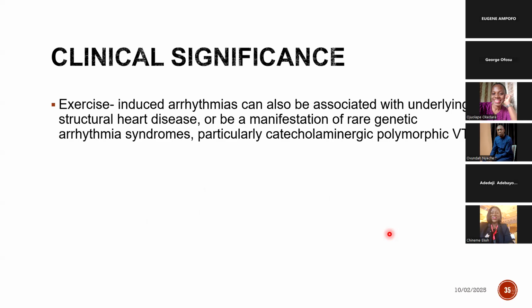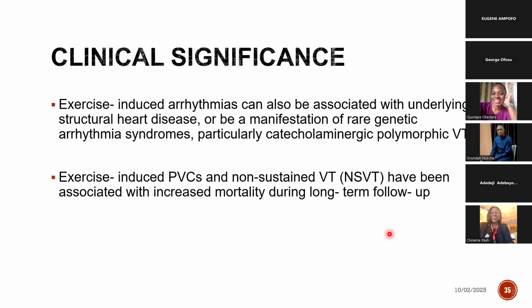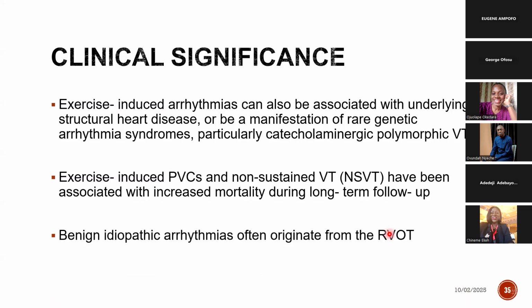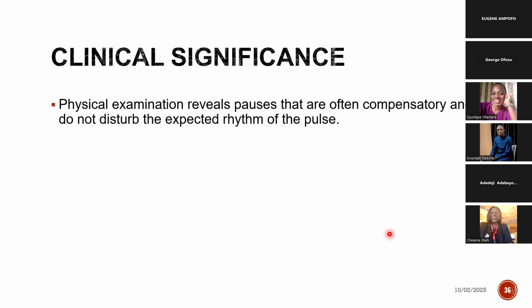Exercise-induced arrhythmias can also be associated with underlying structural heart disease or be a manifestation of a rare genetic arrhythmia syndrome, particularly catecholaminergic polymorphic VT. And again, exercise-induced PVCs and non-sustained VT have been associated with increased morbidity during long-term follow-up. Benign idiopathic arrhythmia often originates from the right ventricular outflow tract.